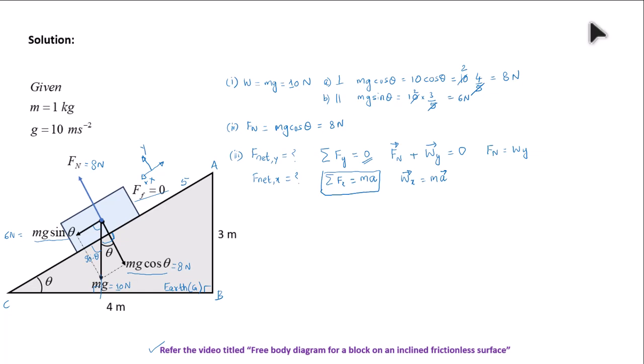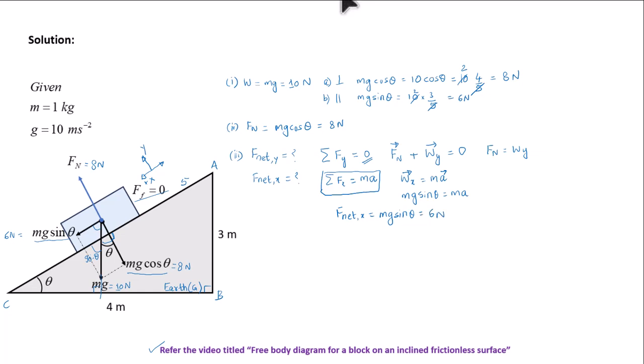In terms of simple magnitudes, I can write mg sine theta. To summarize our answer, what is the net force along the x direction? The net force along the x direction is equal to mg sine theta. And we have already calculated that before, that is 6 newtons.